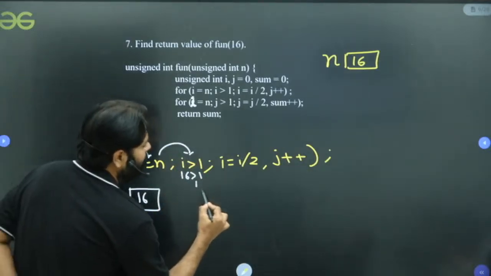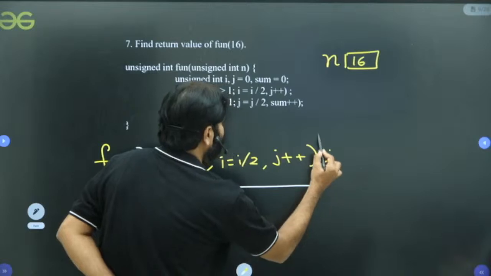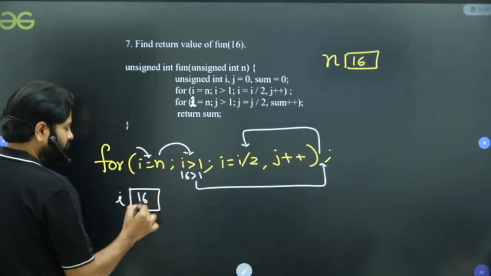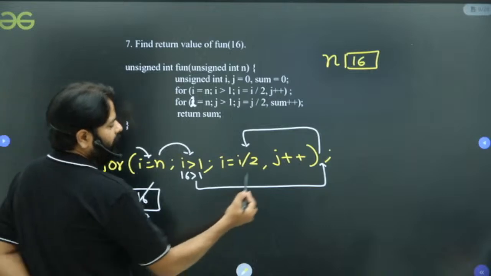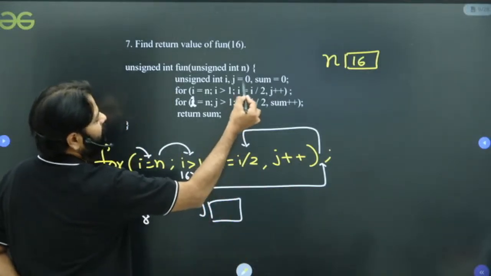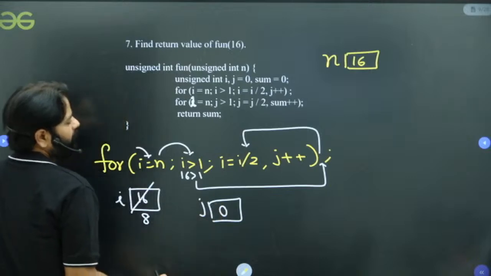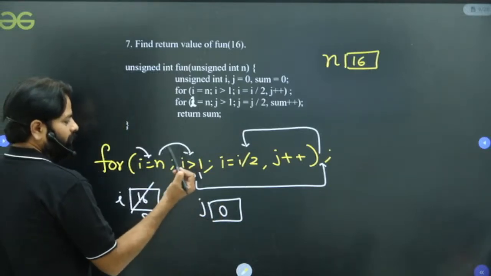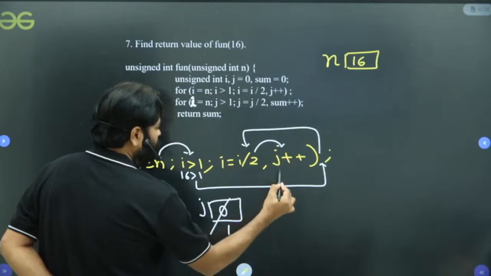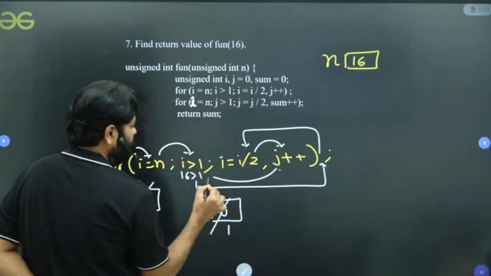After this it goes directly inside, there is no statement there, then it will come here, correct? i is equal to i by 2, 16 by 2 is 8 and j increments, j came for the first time, right? j initially was what? 0. So 0 becomes 1 and then we'll go to here.